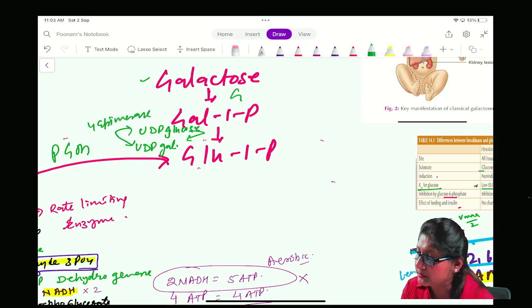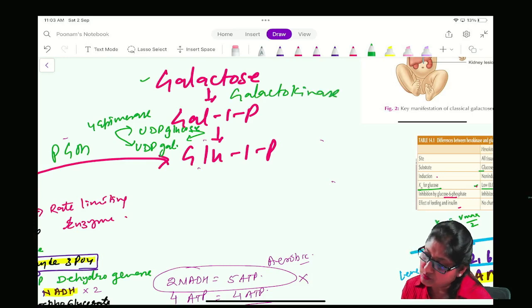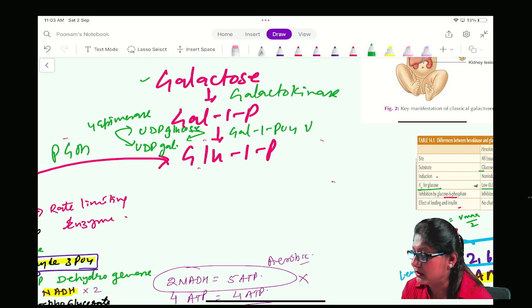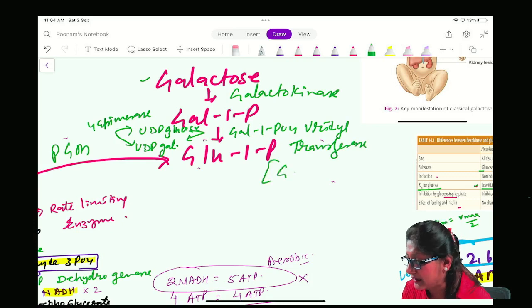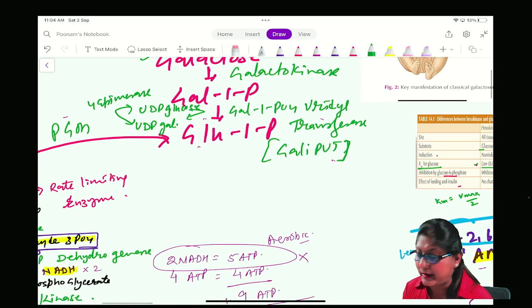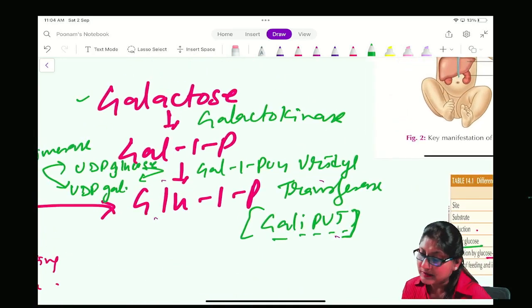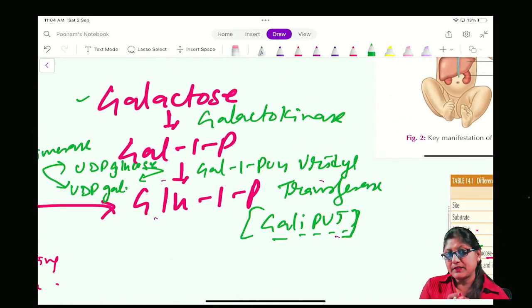And this is going to be the galactokinase enzyme, bachcho, galactokinase, and this is going to be the galactose 1-phosphate uridyl transferase enzyme. Never forget this name. You can call it the Gali-put enzyme for memory, right? Because it's a very important enzyme. I'll tell you why. It's galactose 1-phosphate uridyl transferase enzyme. So this is how galactose metabolism takes place.